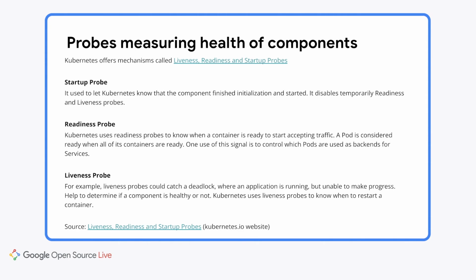If it didn't finish, Kubernetes knows that it needs to wait until the initialization is finalized. Once the initialization is finished, we can use a so-called readiness probe to validate or evaluate whether Kubernetes can start sending traffic to a given component.